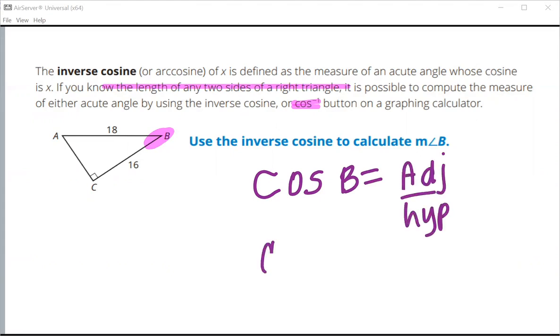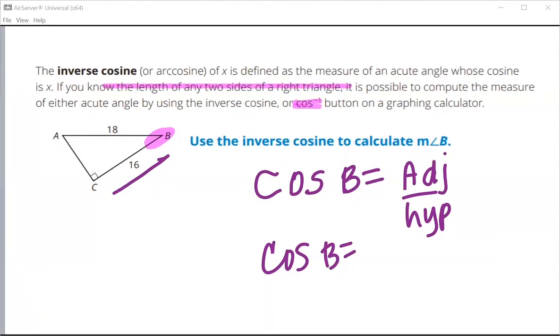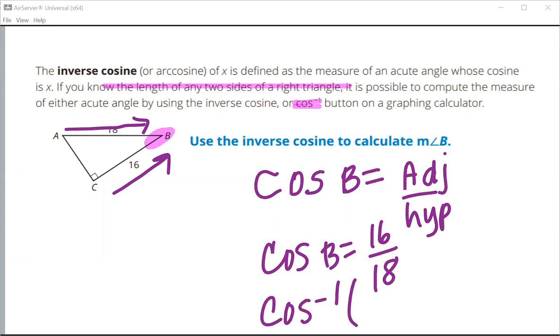So in this case, the cosine of B is going to be our adjacent of 16 over our hypotenuse of 18. Now remember, we're looking for the inverse cosine. So we're going to just simply find the inverse of that, of 16 over 18.